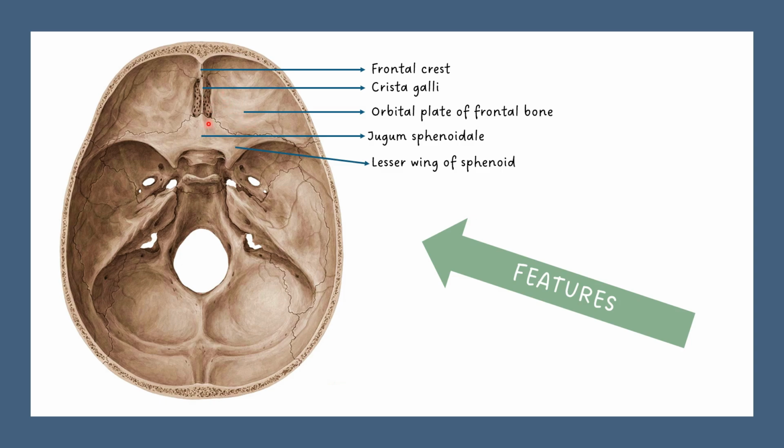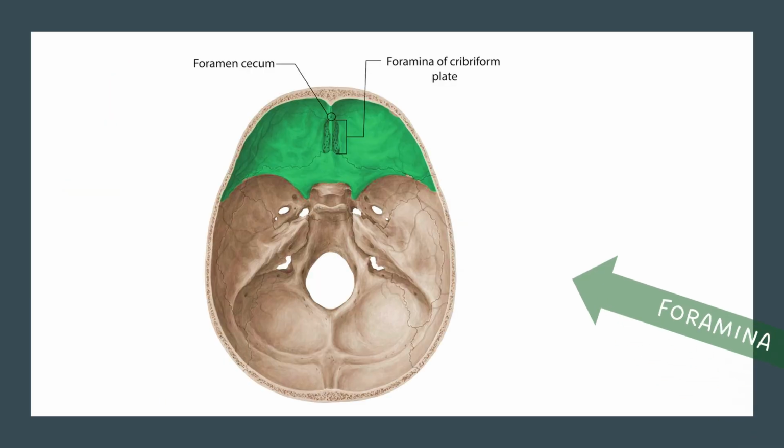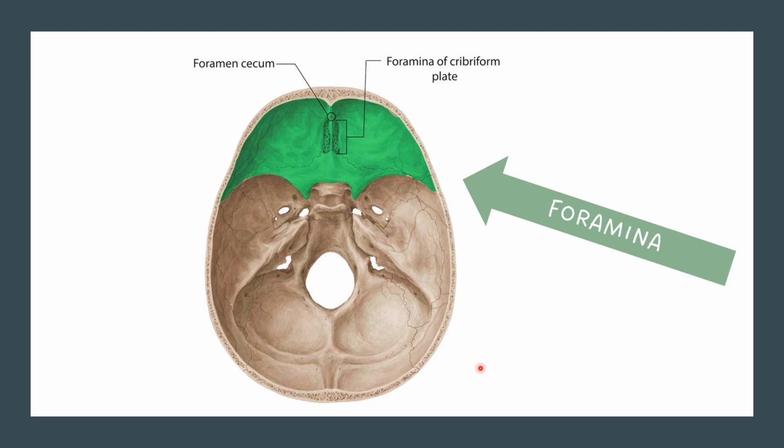Medially, here it covers the superior surface of ethmoidal labyrinth, and posteriorly it meets the anterior margin of the lesser wing of sphenoid. In the anterior cranial fossa, we see the foramen caecum and the foramina of cribriform plate. For further details on the foramen caecum, you can listen to my video on the foramina of skull, the link for which is given in the description box.